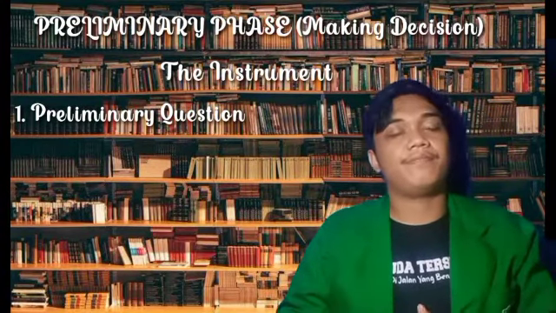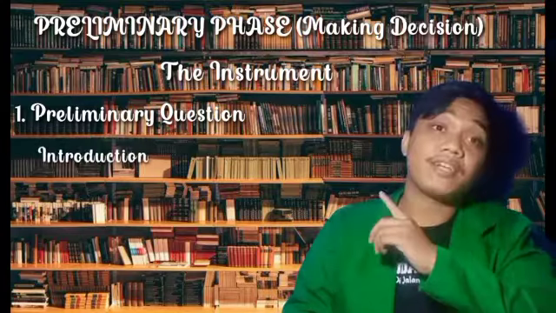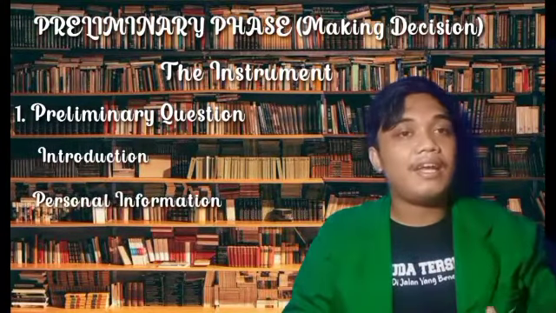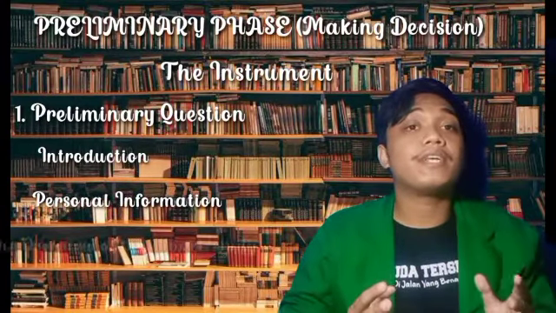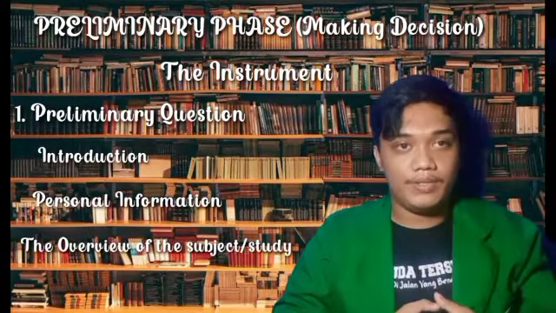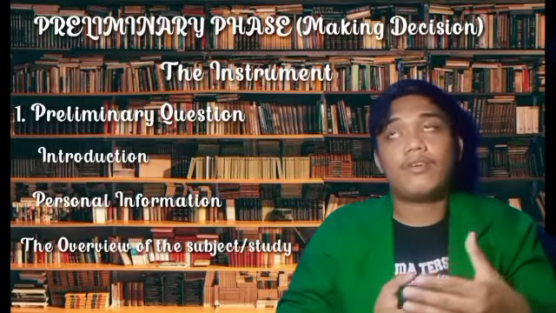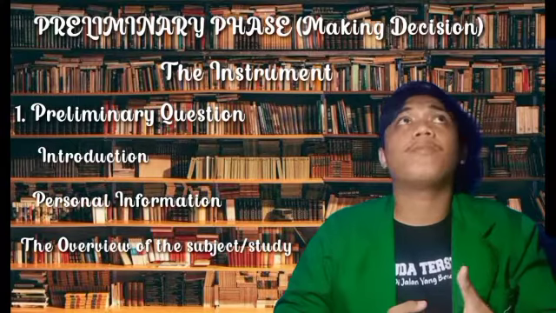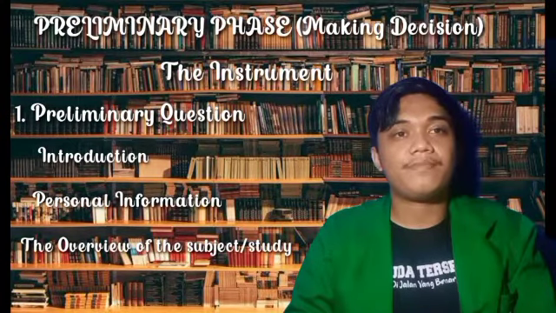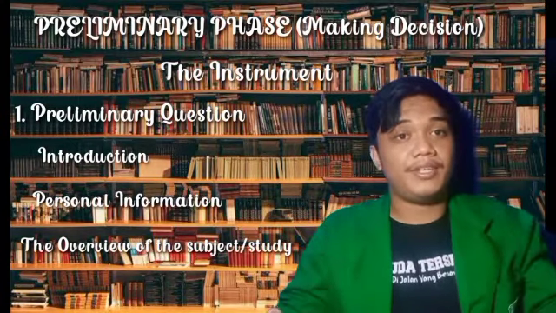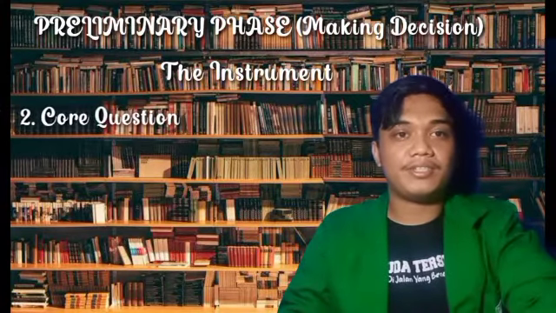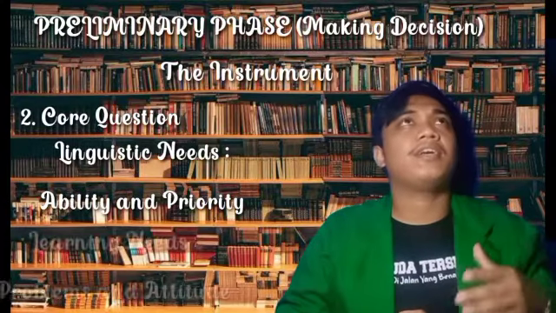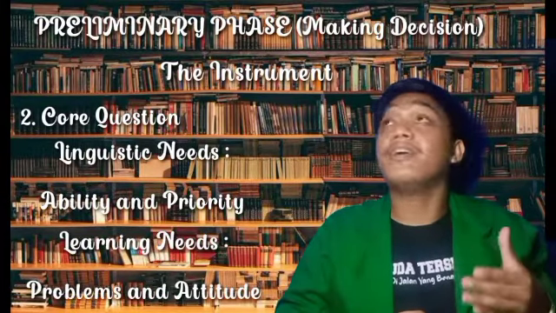Preliminary questions include an introduction, personal information, and an overview of the present needs of the speaking course, or the present problems of the majority. The core question includes the students' language needs and also the students' language learning needs.